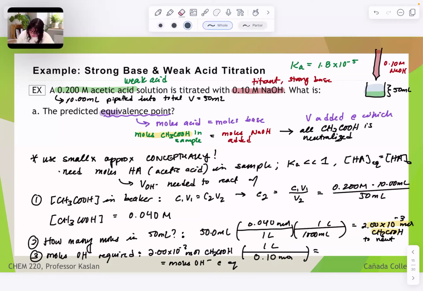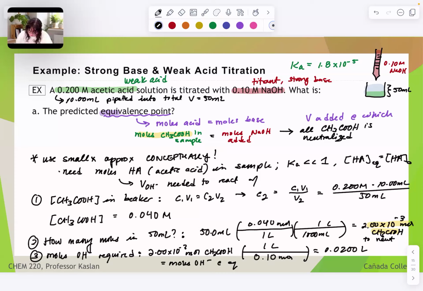So this becomes 0.02, or we drop an order of magnitude, liters. And when we use a burette, we don't typically read liters in a burette, right? We convert from liters.